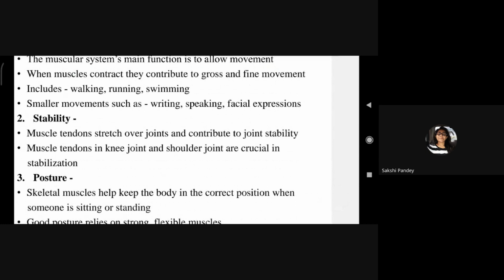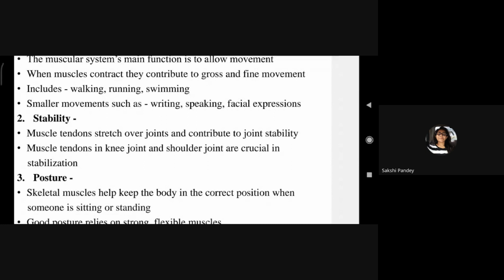Otherwise, we are very familiar with adopting bad habits of wrong postures, right? Sitting on a sofa or couch, sitting in a chair, sitting in a bed. We are adopting very wrong postures nowadays. So it's our will whether we want to correct ourselves or not. We can correct ourselves with the help of skeletal muscles.